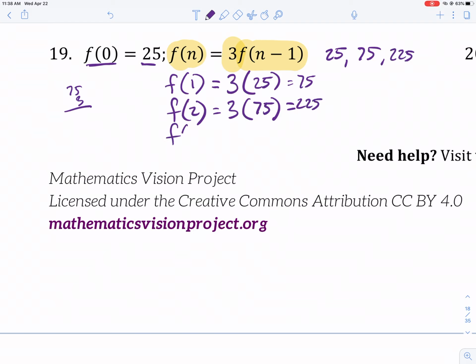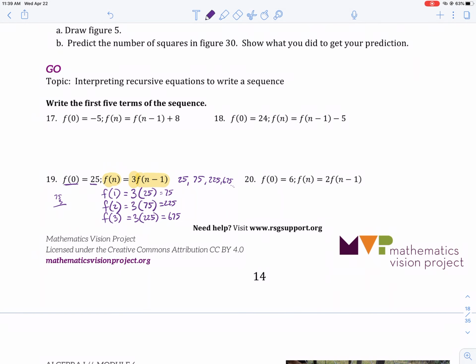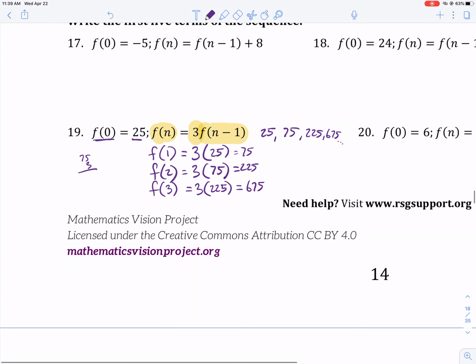And then, of course, to get the next term here, we are going to just take 225, multiply that by 3, looks like 675, etc., etc. I think it says to list the first 5 terms, so you will have to do one more for that sequence.